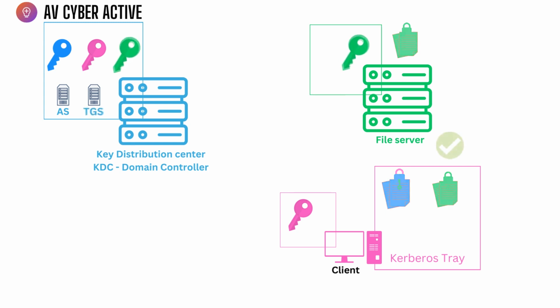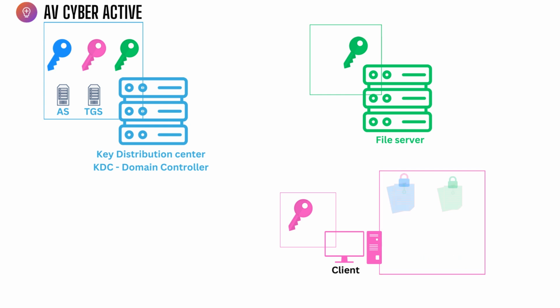That way the file server doesn't have to store all this information in memory, because the file server is working with hundreds, potentially thousands, of users. If it had to keep all those tickets, it would be a huge overhead for the file server. So this is how the authentication works. The client goes to the KDC to get the ticket, and then it stores it and presents it to the file server, and that's how the whole Kerberos protocol really works.